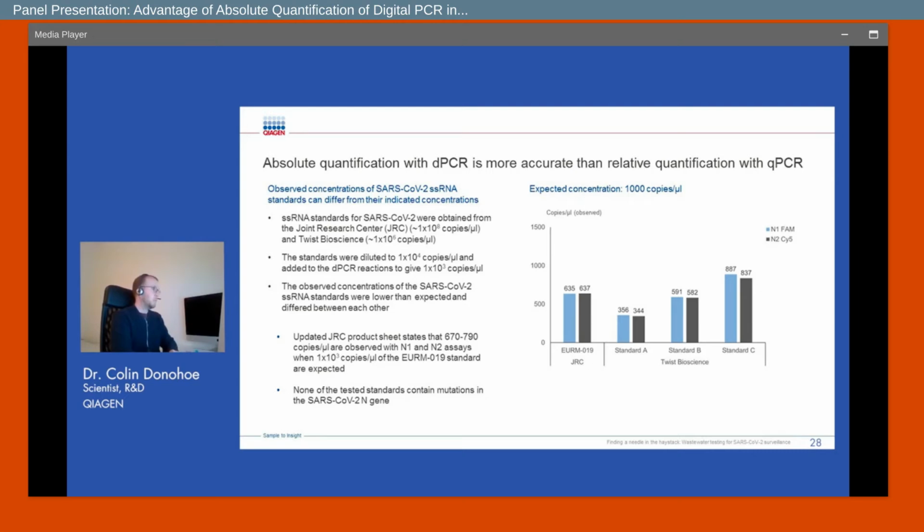And as you can see, all 4 standards came below the expected concentration, and most importantly, among the standards, there were different concentrations, indicating that unique features to each standard were off. Each concentration for each standard was off, sometimes by a factor of 3, which would be quite significant for important quantification experiments.